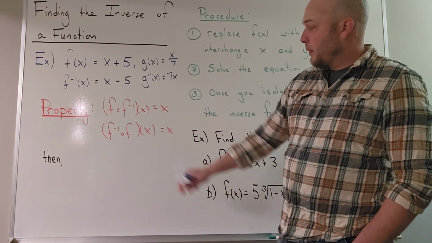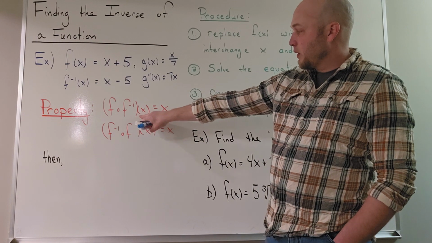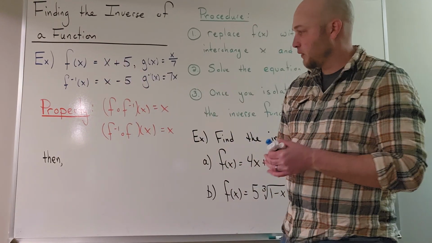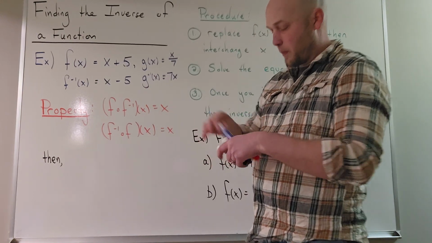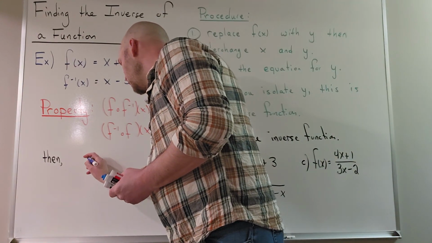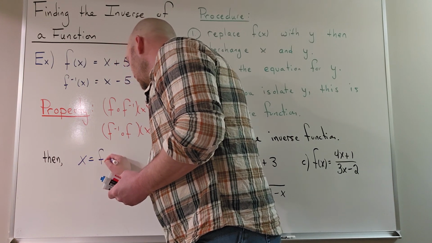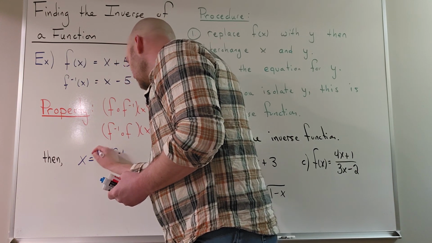I'm going to use this important property, the first one I have listed, and let's look at this function here, f of x and f inverse. If I use the functions up above, I know that x is equal to f composed with f inverse.